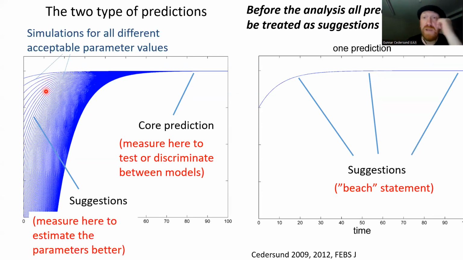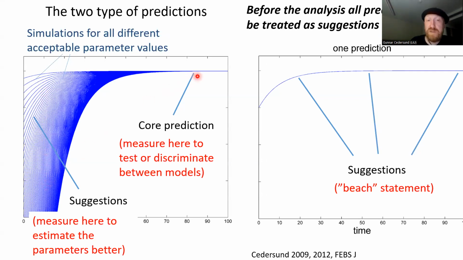However, you can use it if you know the parameters too little. If you think that all of the predictions that we have are too uncertain, and we want to know the parameters, then you should measure here, because then you want to know which of these parameters is the true one. So if you want to determine the parameters better, then you should measure where it's as uncertain as possible.